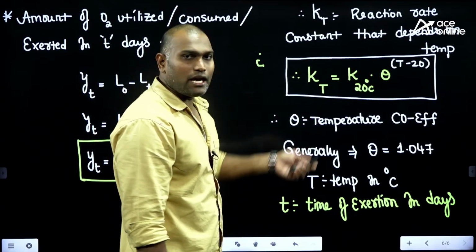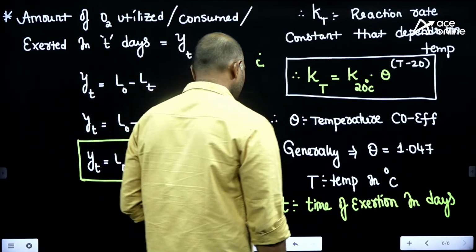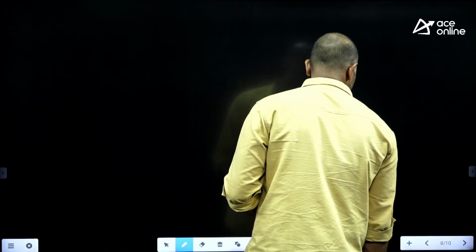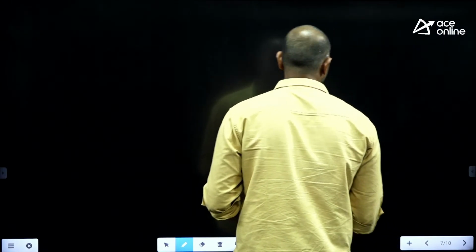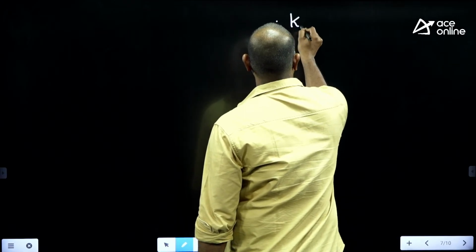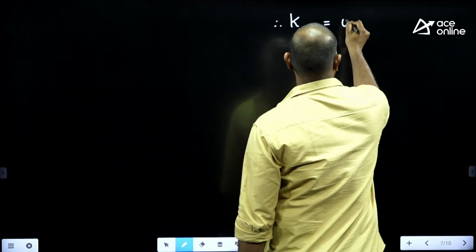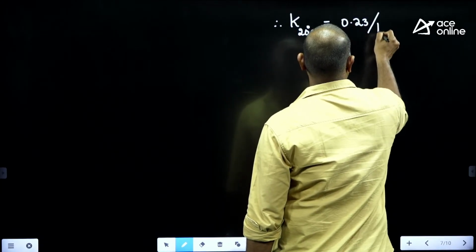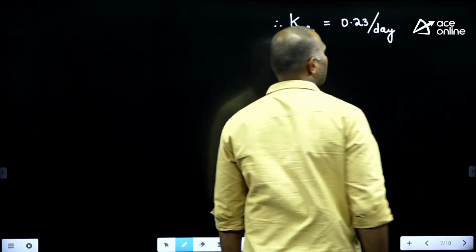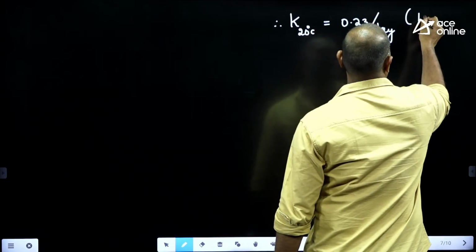Now this K20 degrees is a constant value. This K20 degrees centigrade is 0.23 per day in a given case. This is base e.